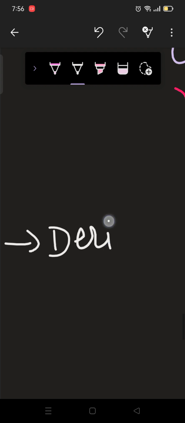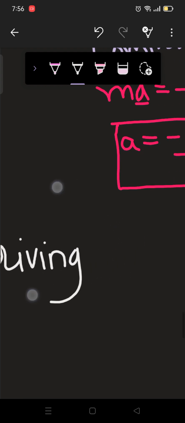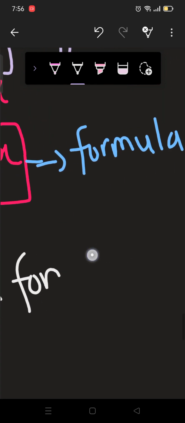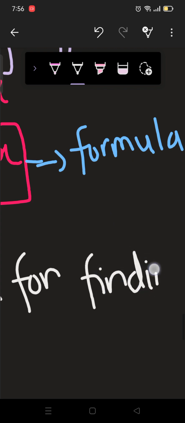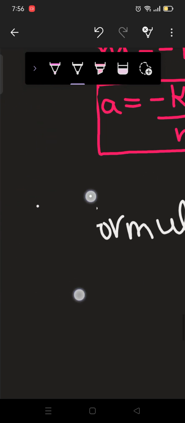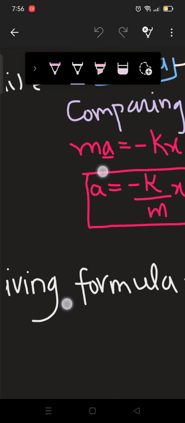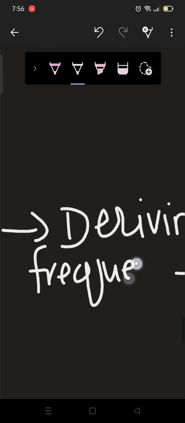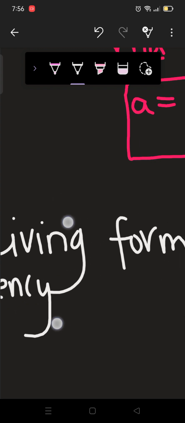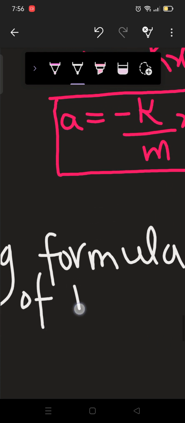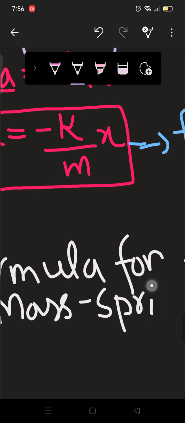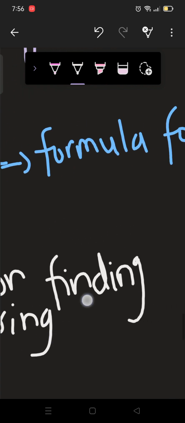Deriving formula for finding frequency of mass spring system.